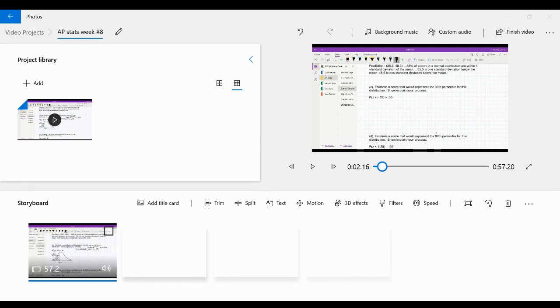So if you see this calculation right here, 2 standard deviations above the mean, so you get the mean plus 2 times the standard deviation. So 42 plus 13 is 55. 60 is more than 2 standard deviations above the mean.